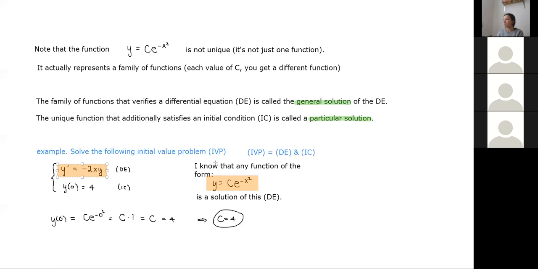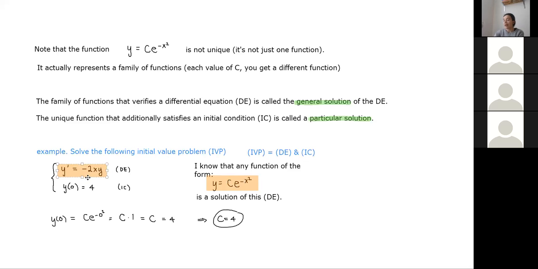So what I told you is you already know a solution of the differential equation because I told you before to verify that this type of function was a solution to the differential equation. So now you know that this type of function solves the differential equation. You know that every function of the form, some constant times e to the minus x squared is going to verify the differential equation that you have here.